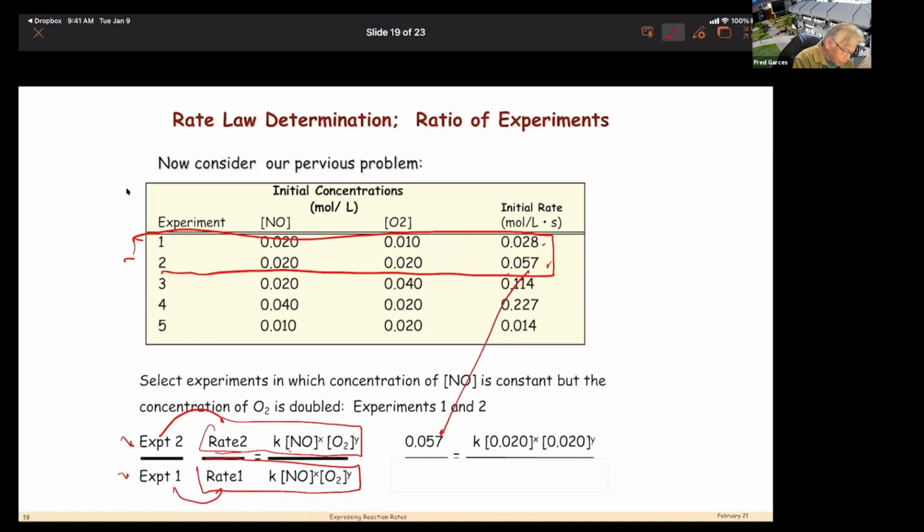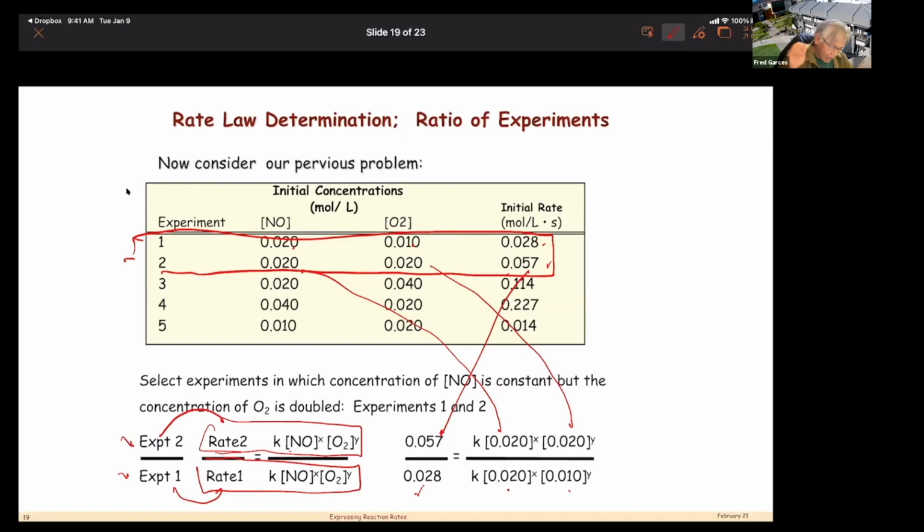NO is 0.020, that's right here, to the X. That's one of the unknowns. K is also an unknown. And then for experiment number 2, oxygen is 0.020 to the Y. Pretty easy, okay? Then look at experiment number 1. Experiment number 1 is 0.028, NO is 0.020, and oxygen is 0.010.